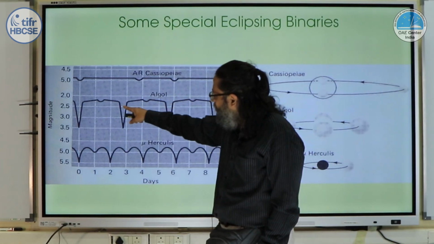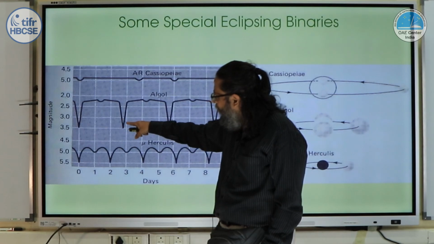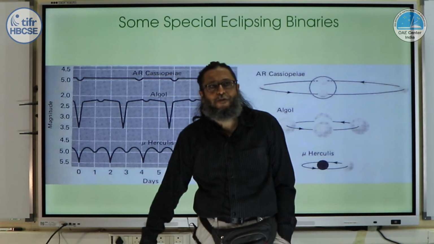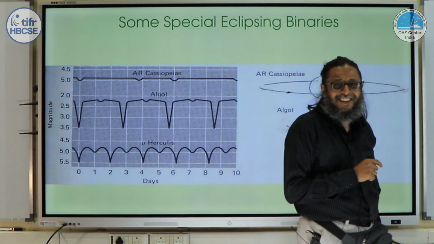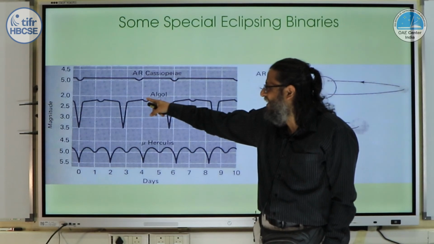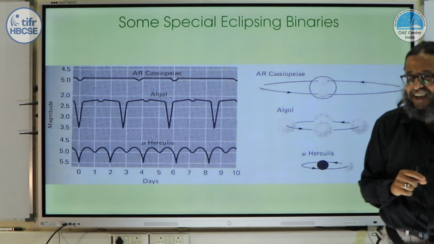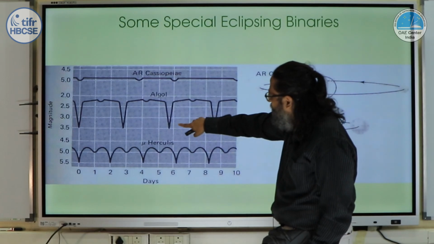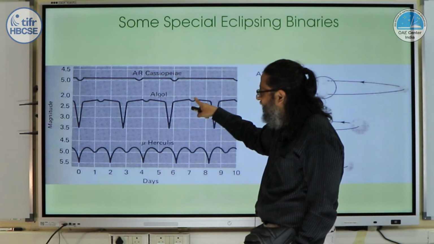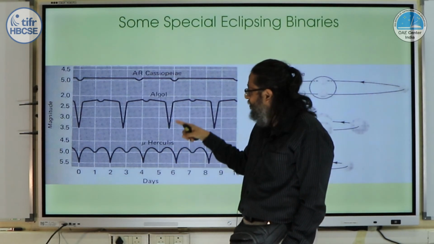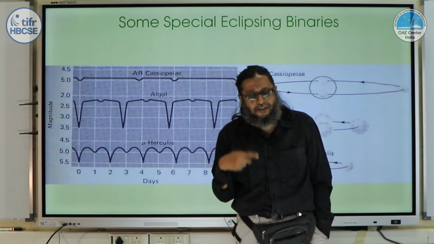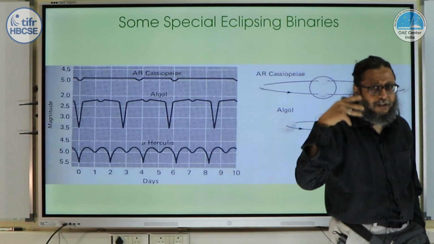In the Algol system, you see the shape of one of them is kind of resolved, whereas the other star is perhaps deviating from the spherical shape. Okay? And the amount of light that is getting eclipsed is very different. This is very, very interesting. Maybe we'll deal with Algol later.